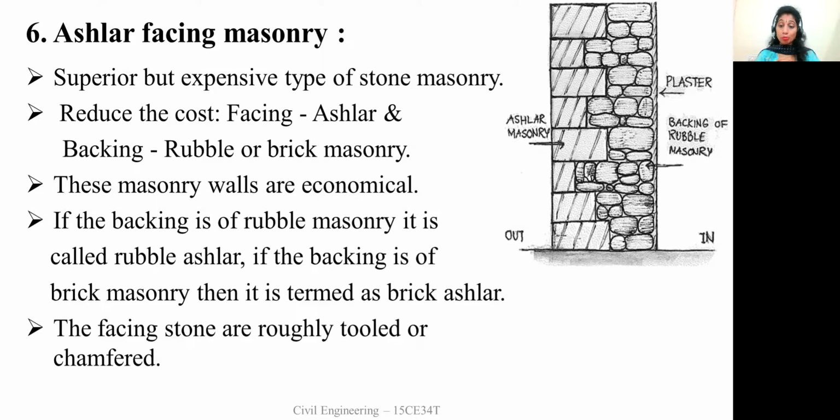Therefore, it is known as a composite wall. If the backing is of rubble masonry, it is called rubble ashlar. If the backing is of brick masonry, then it is termed brick ashlar masonry. The facing stones are roughly tooled or chamfered.